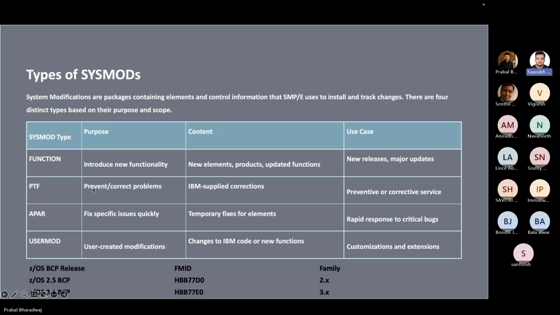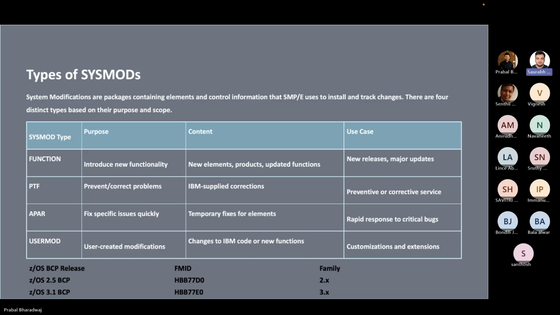Even though it says temporary, in reality PTFs are the standard permanent way IBM delivers fixes. Whenever you apply a PTF, you are applying the fix permanently. You can roll it back again, but in a nutshell, you are applying it permanently, and that problem will not arise again unless you do something else.